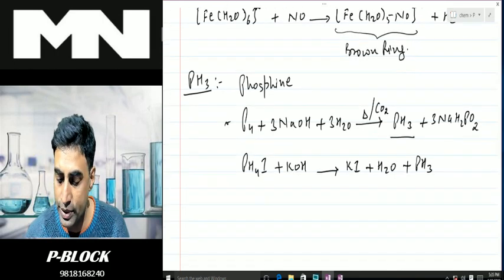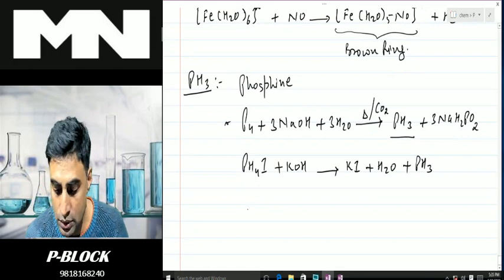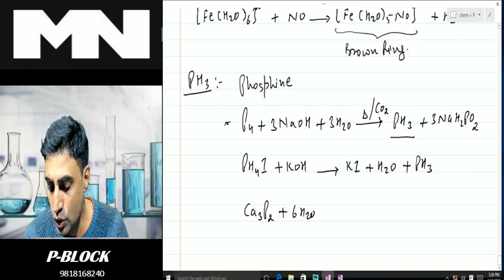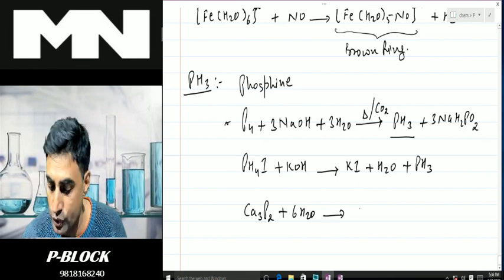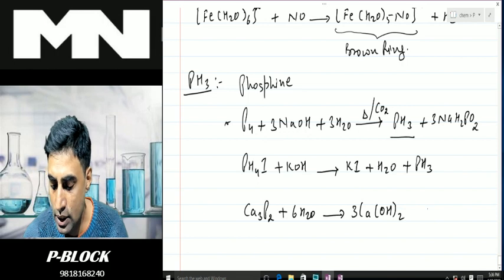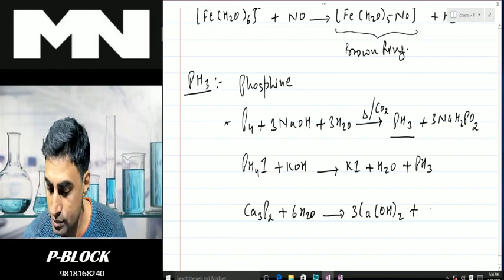Phosphine can also be obtained by the reaction of compounds like calcium phosphide with water. On reaction with water, it is going to give you compounds like calcium hydroxide and 2 moles of PH3.